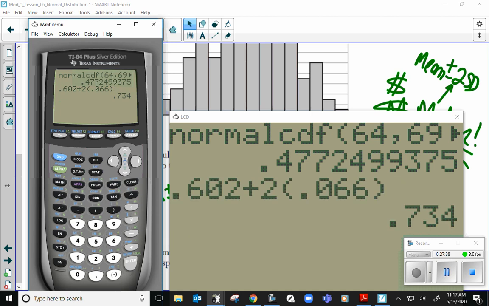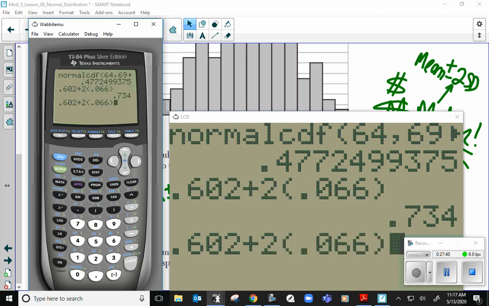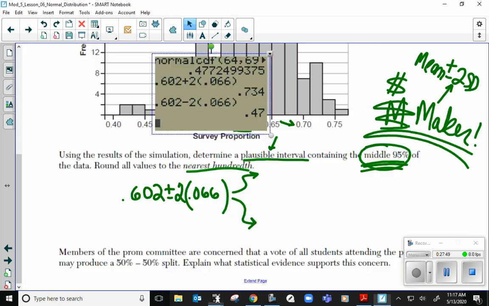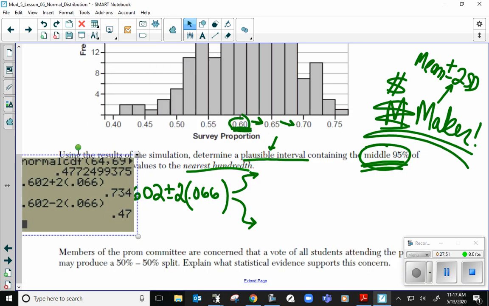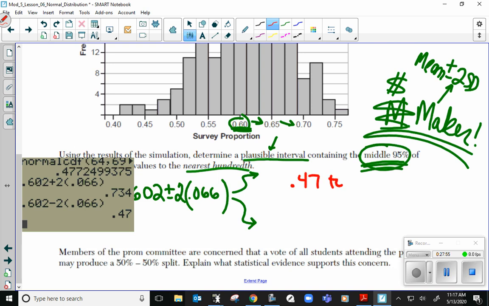And then I'm going to do the same thing, but I've got to subtract them. Please note, there is no plus or minus button. You've got to do them separately. So here's my interval, and it is going to go from 0.47 to 0.734.